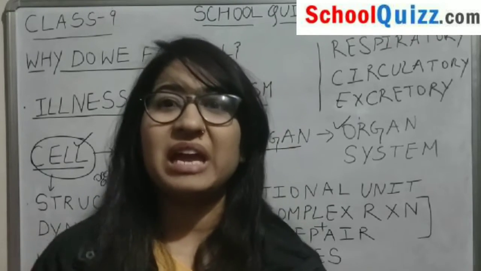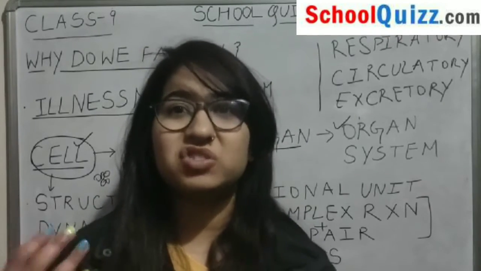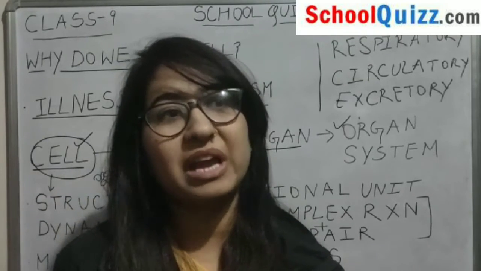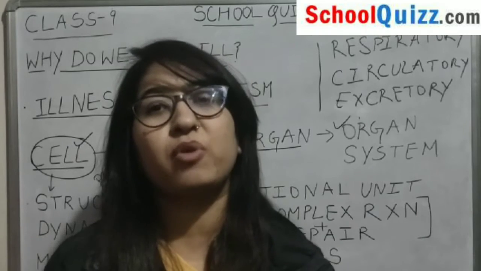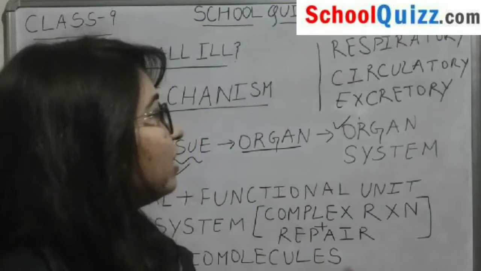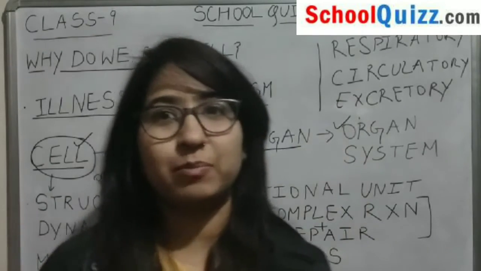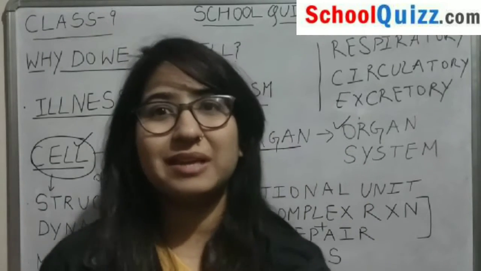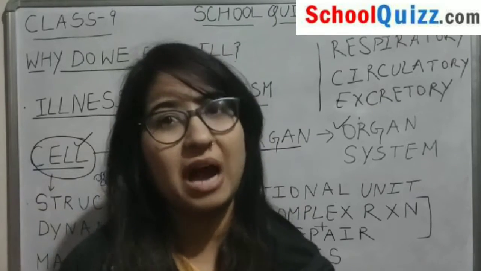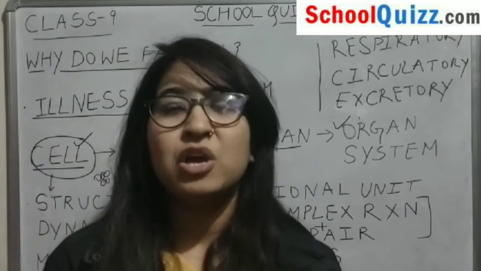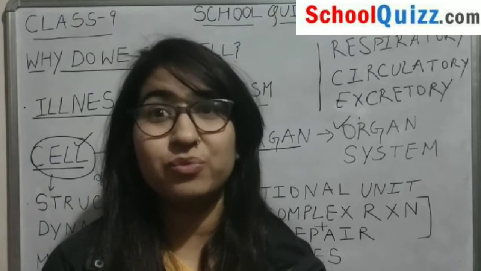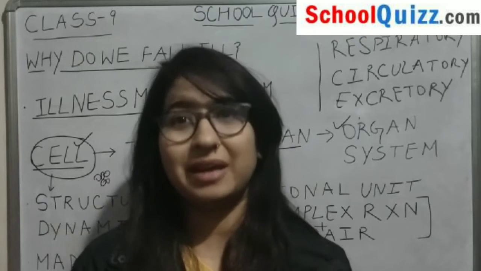Okay, so the way in which the whole blood is transported from our heart to all the parts of the body, and how impure blood is taken from all of the body to the heart. Fine. And after that comes the excretory system. So the excretory system is a system which is involved in the removal of waste products out of our body. When we talk about the excretory system, the important organ which plays its role is the kidney.